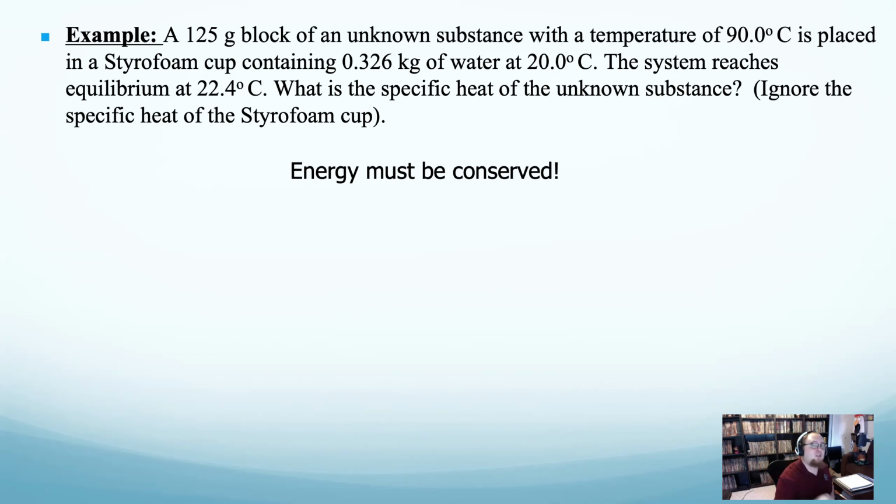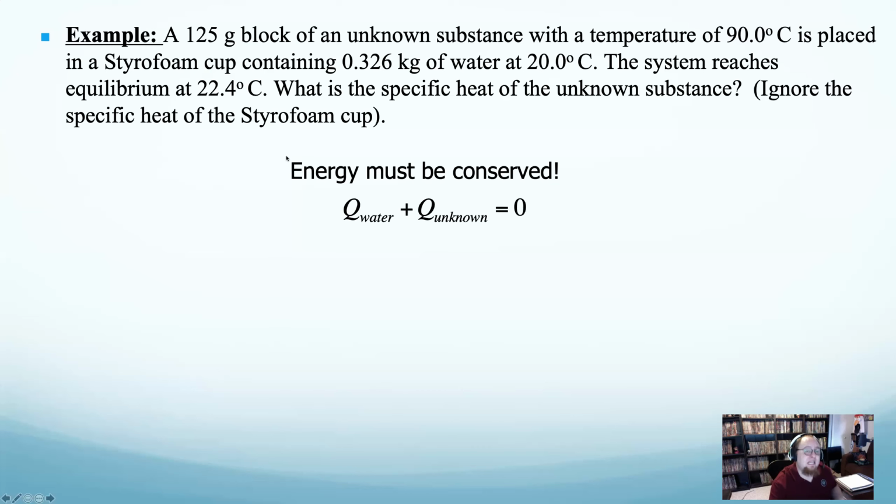I have water at 20 degrees going to 22.4 degrees. The unknown substance is losing heat while the water gains heat, and the total heat must be 0. So heat of the water plus heat of the unknown, sounds like a bad action movie title, must be 0.